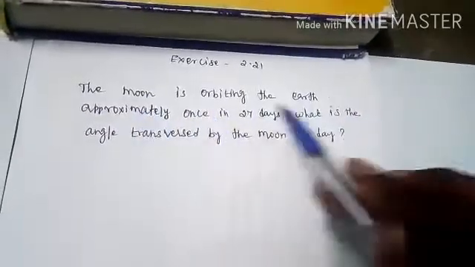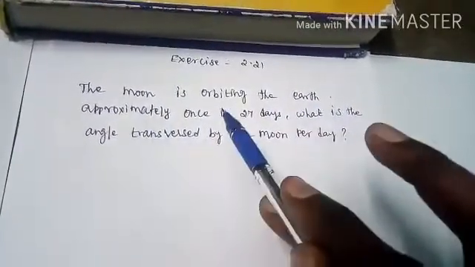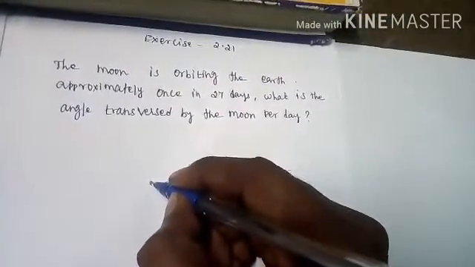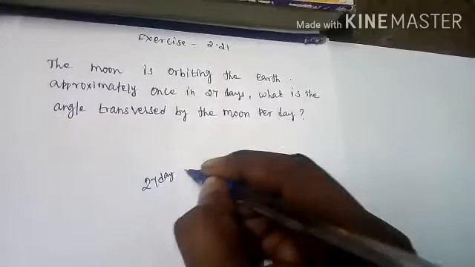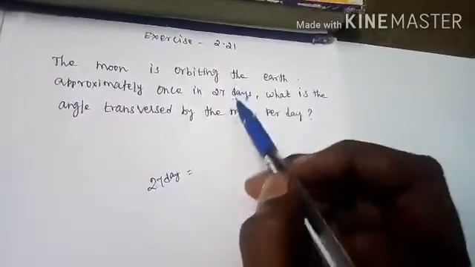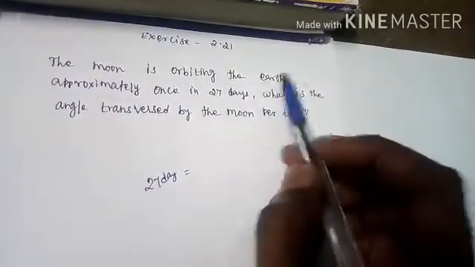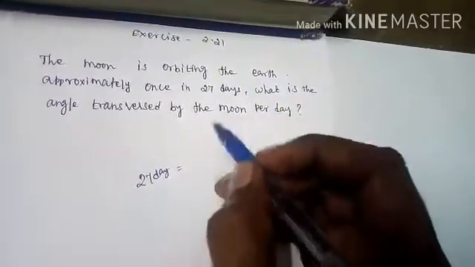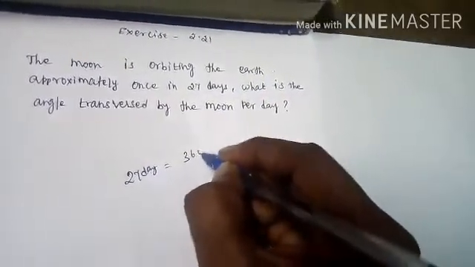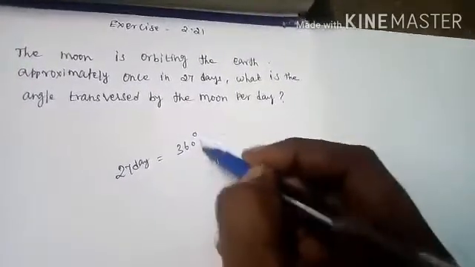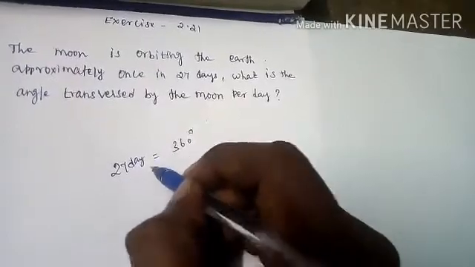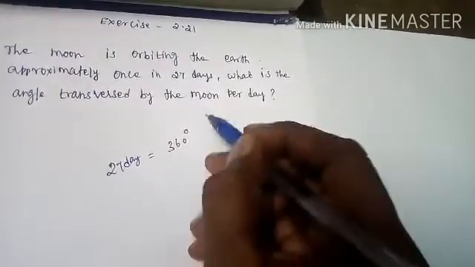In 27 days, the moon revolves around the earth once, so the angle is 360 degree. One revolution creates 360 degree, so in 27 days the angle is 360 degree.